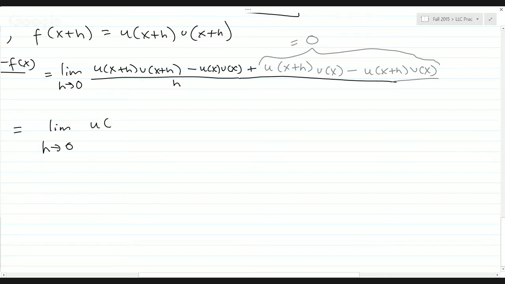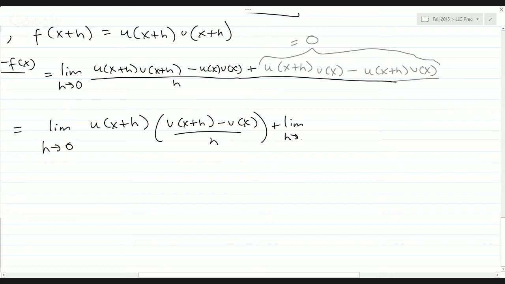They have u of x plus h times v of x plus h minus v of x all over h, plus the limit as h approaches 0 of v of x times u of x plus h minus u of x all over h. Okay, so this is how it worked out.